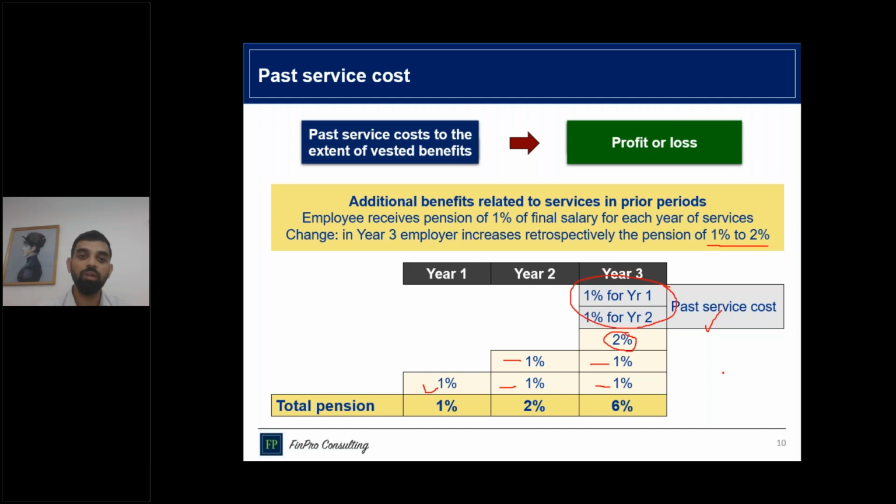Now what do you mean by vested benefits? As we all know, for gratuity, for example, you need to complete approximately 5 years in the organization in order to become eligible. Let's say there is a total of 100 rupees of past service cost, out of which 80 rupees relates to employees who have already completed 5 years.